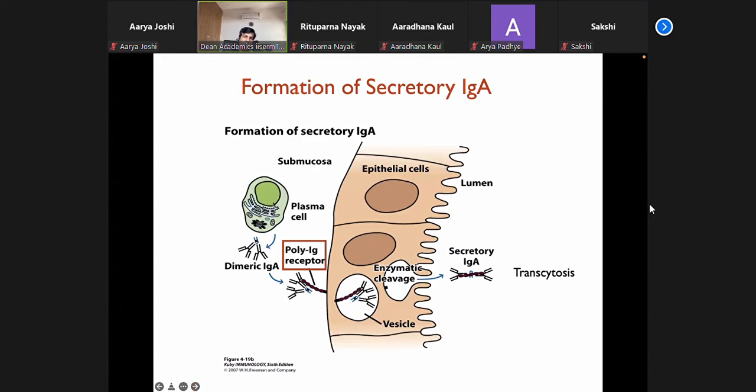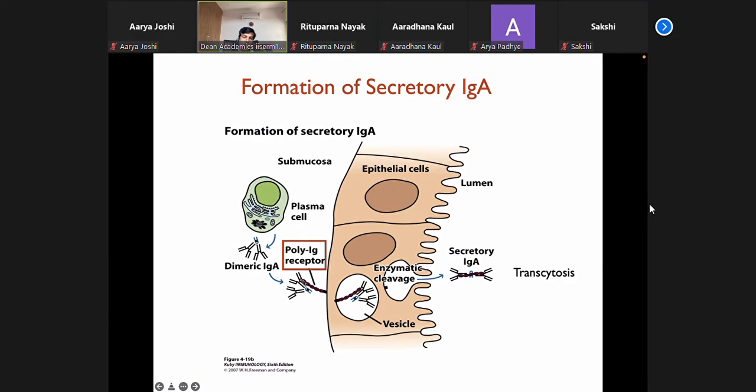So you activated your plasma cells, and these plasma cells were making this antibody, right? Now, this antibody, produced at these mucosal sites, can interact with a receptor. We call this receptor the poly-Ig receptor, the polyimmunoglobulin receptor. This is present on these epithelial cells, right?